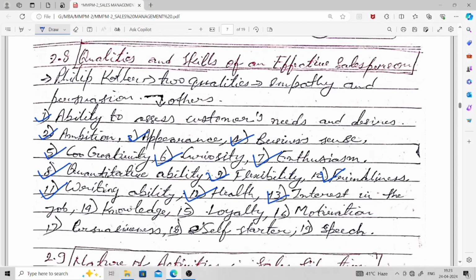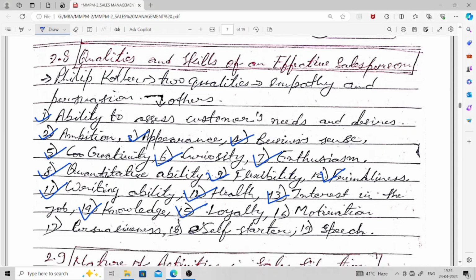Interest in job, they should be interested in the job. If they are not interested, they will not be able to do the work properly. Then knowledge, salespeople should be knowledgeable about many aspects of the product, the organization, and consumer behavior also.